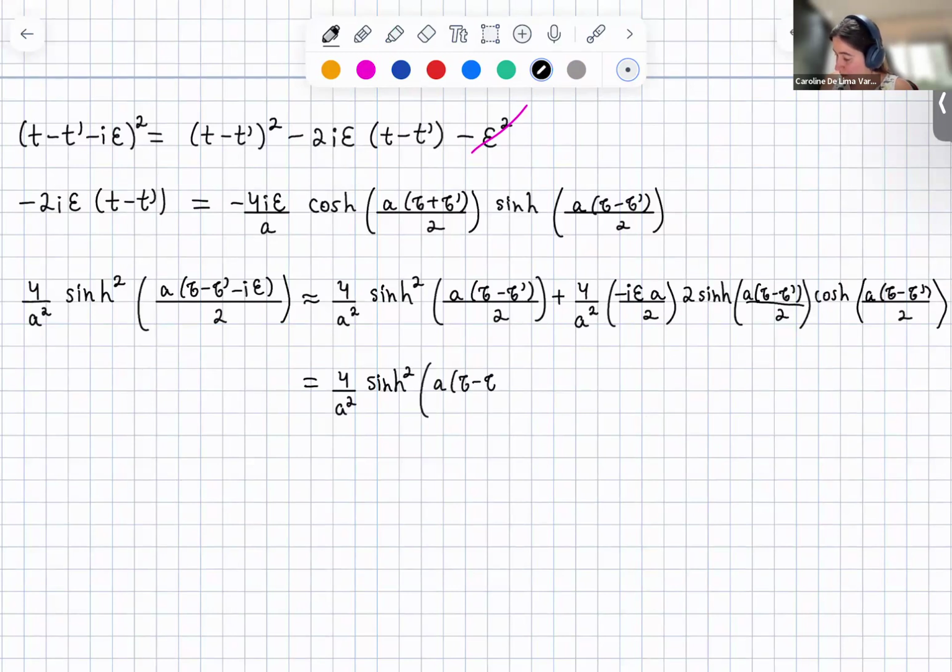So I just have this original term that we computed. And then here I can rewrite it as minus 4i epsilon over a times cosh of the difference times sinh of the difference.